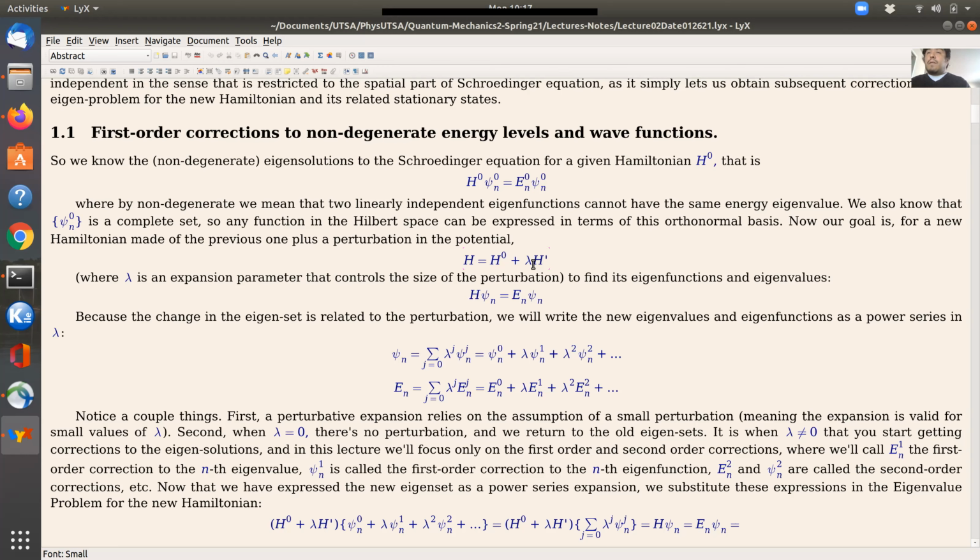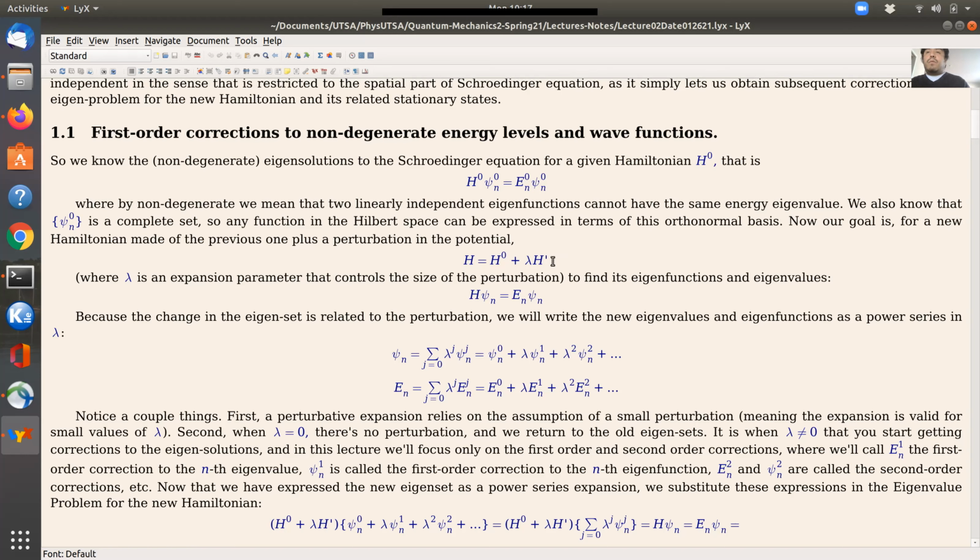At the end of the day, we'll make it equal to 1. But think that basically you have a parameter that controls a magnitude, and then H prime, which is actually the perturbation Hamiltonian. So lambda is an expansion parameter that controls the size of the perturbation, as I mentioned.